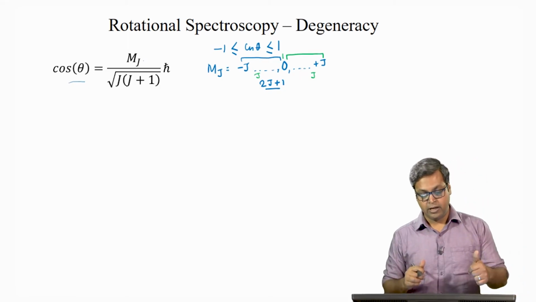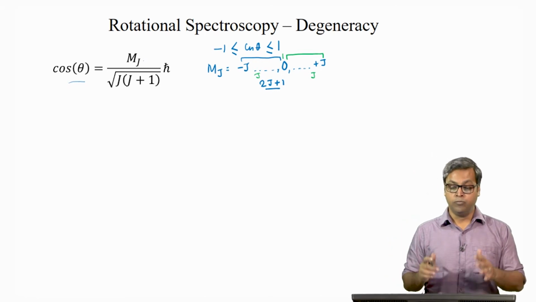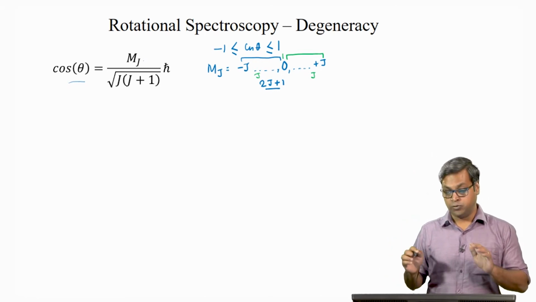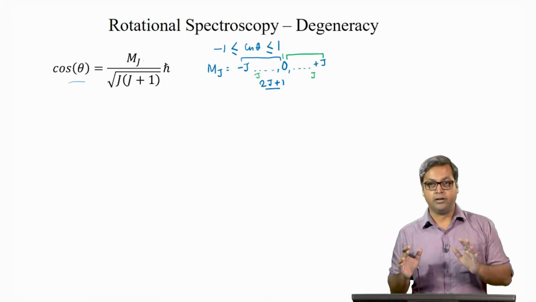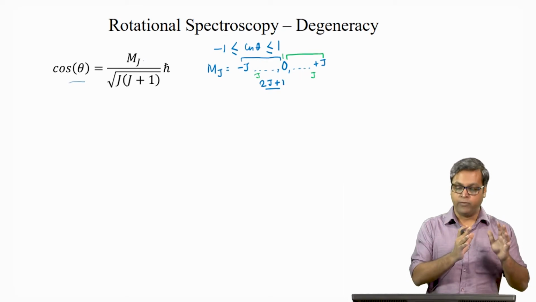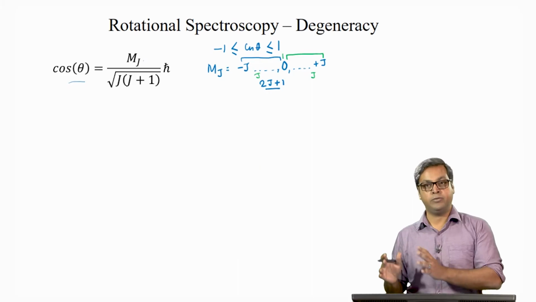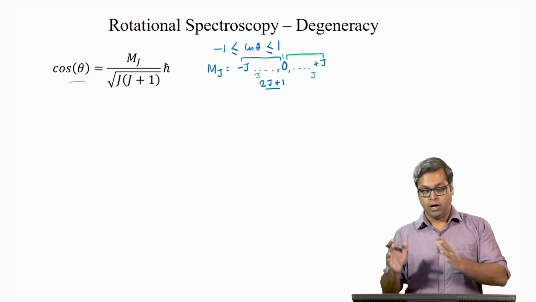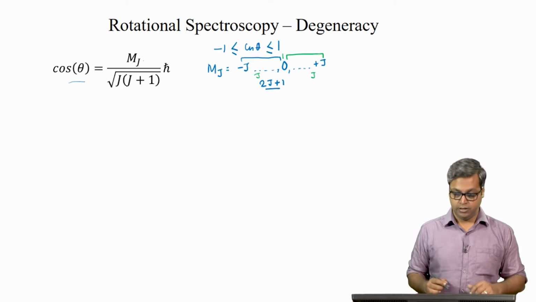So, we have j on the negative side, j on the positive side, plus 0, which gives 2j plus 1. Now we have to know how we get the minimum value of m_j as minus j and the maximum value of m_j as j for a level associated with rotational quantum number j.